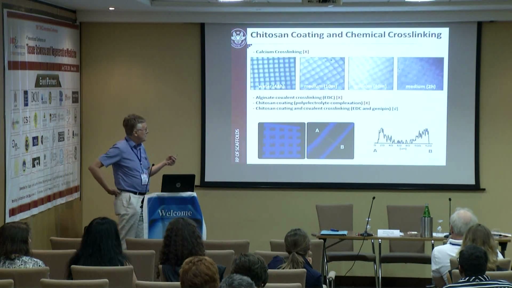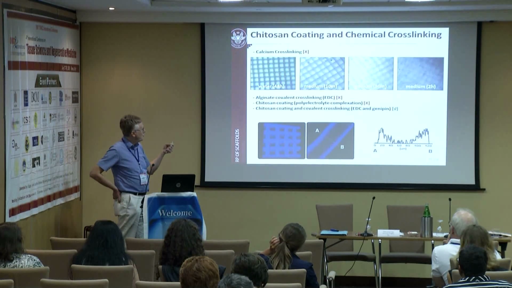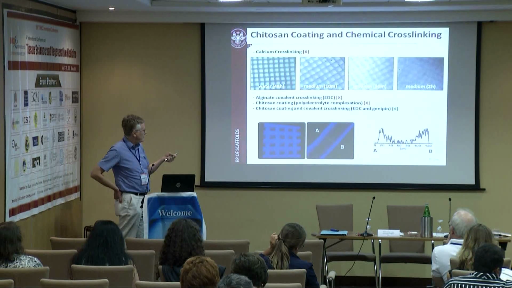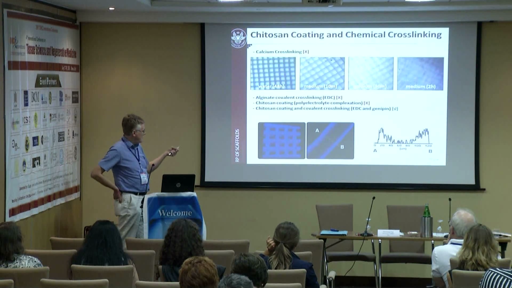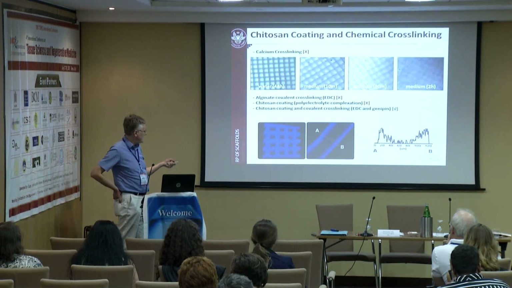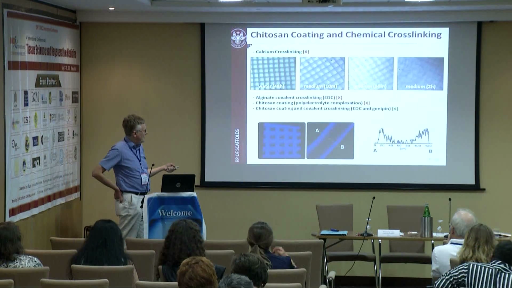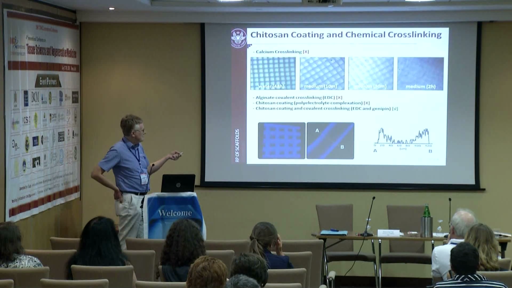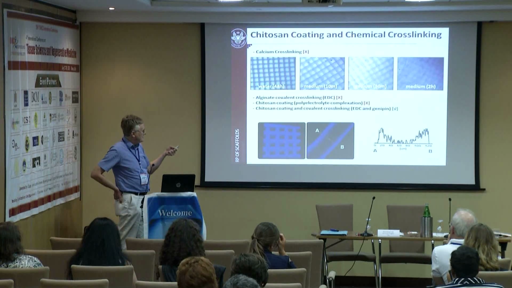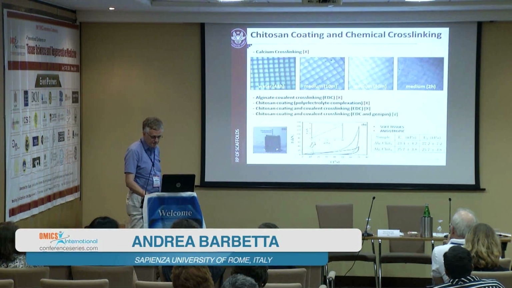The cross-linking of chitosan with the genipin gives the scaffold a characteristic blue color, as is evidenced here in this confocal laser microscopy image. And here you can see the image of a single fiber, where the chitosan penetrated inside the fiber for about 40 microns.